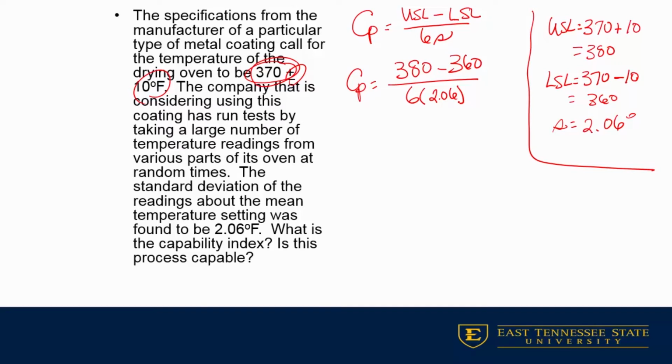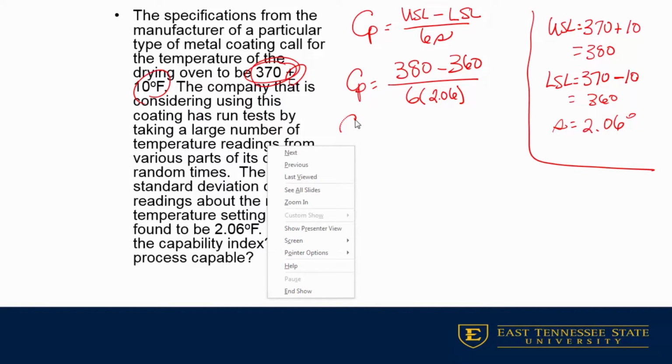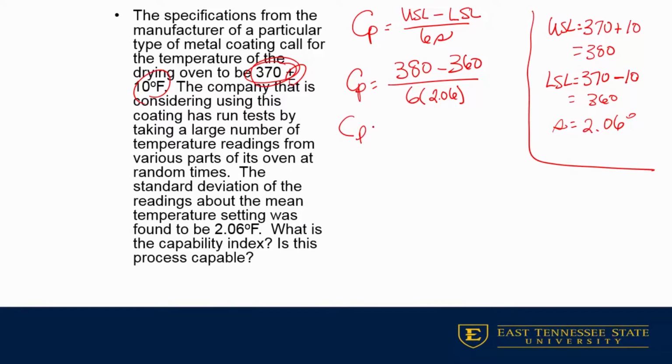If I do the math on here, my capability index is 20 divided by 12.36. 20 divided by 12.36 is approximately 1.618. Is this capable? Well, I haven't talked about that yet.